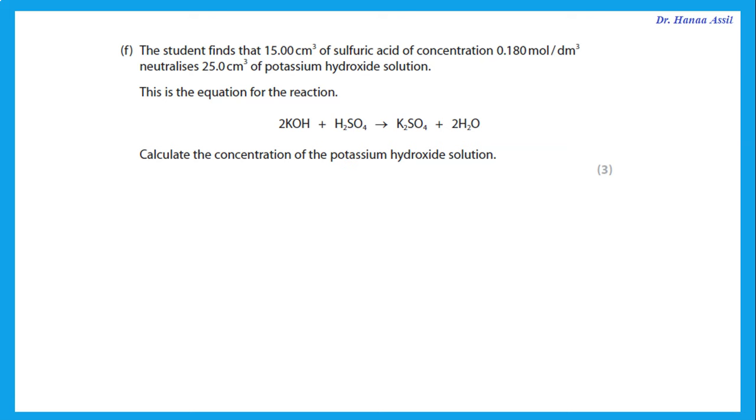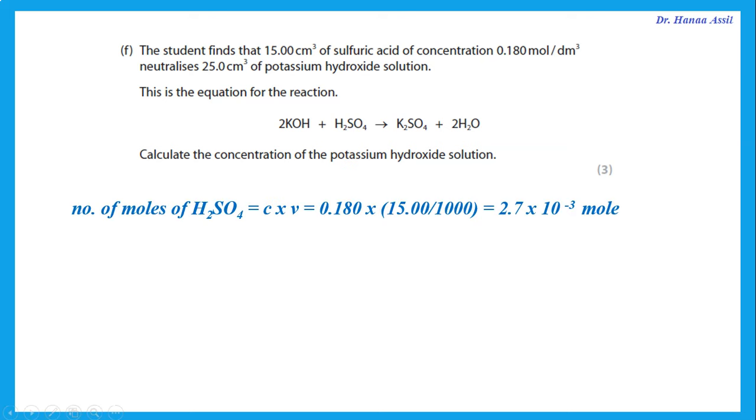We use that to get the number of moles. Number of moles would be concentration times volume. And remember, if we're given the volume in centimeter cubed, which is usually the case, I have to divide by 1,000 to change it to decimeter cubed. So this is the number of moles of sulfuric acid.